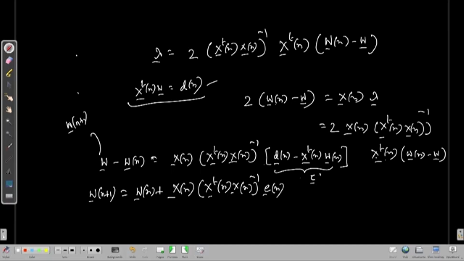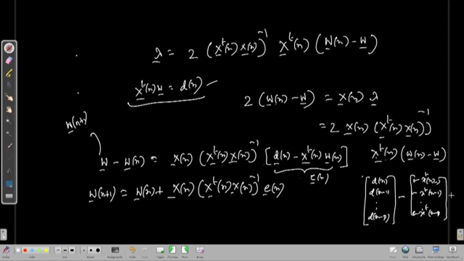So, this is my E n vector. Now, what is E n? E n means d n minus this, right. So, d n was d n, d n minus 1, up to d n minus p, and minus X transpose n, this was X vector, then X n minus 1 vector, all these were done earlier, X transpose n minus p vector into w. This is my E.